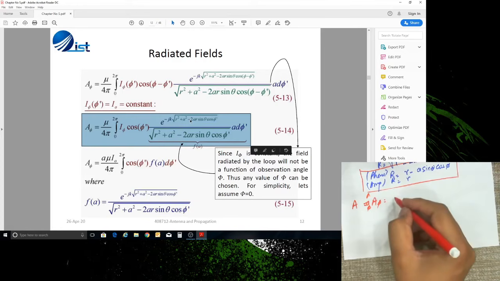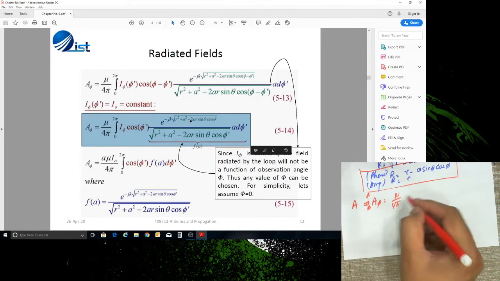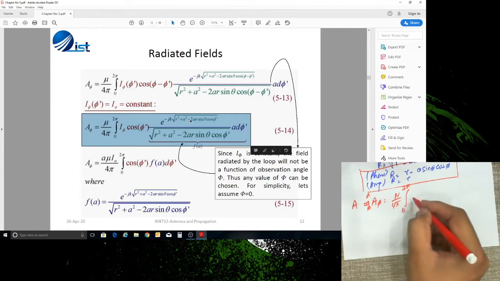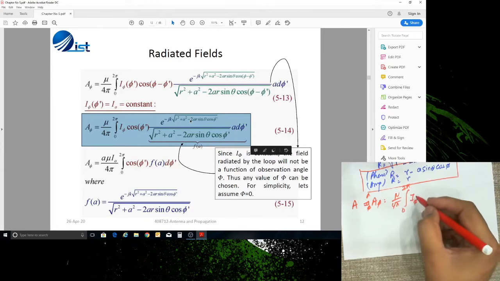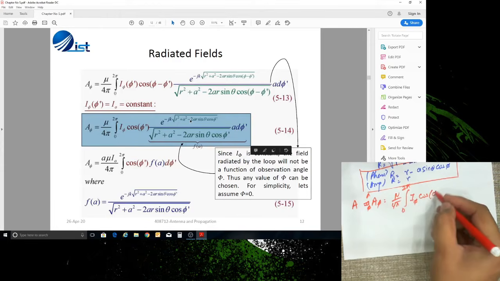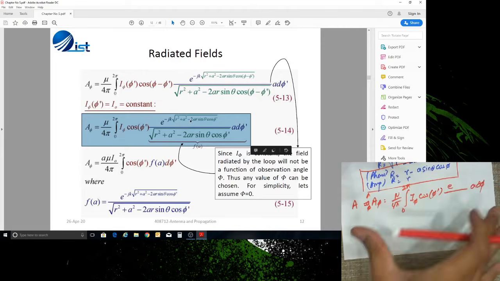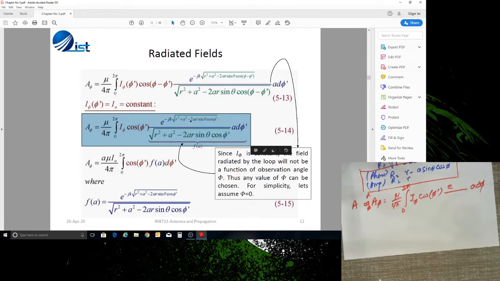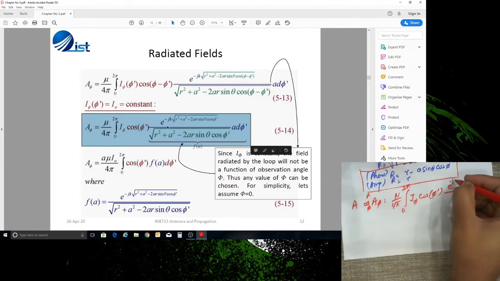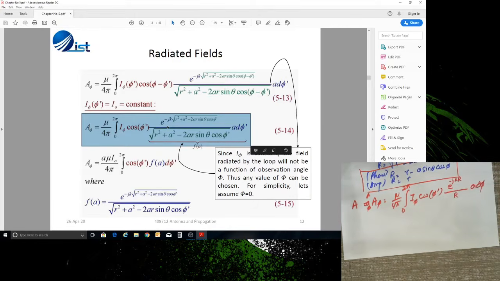So this A phi is mu over 4 pi, integration 0 to 2 pi, and this is your current I phi cos of phi prime, and then you have this exponential over this capital R, and then you have a d phi. I'm just writing it down so that we don't have to go backward and forward to see this expression. So in this particular case it is e raised to power minus j k capital R, and you have capital R in the denominator as well.